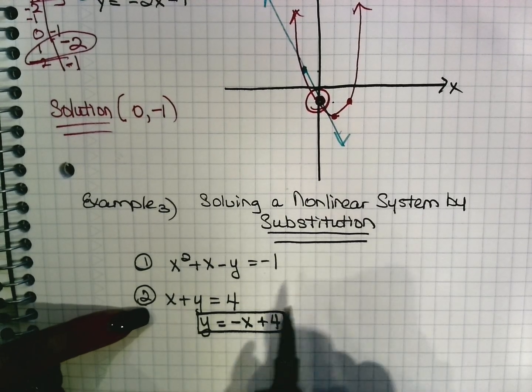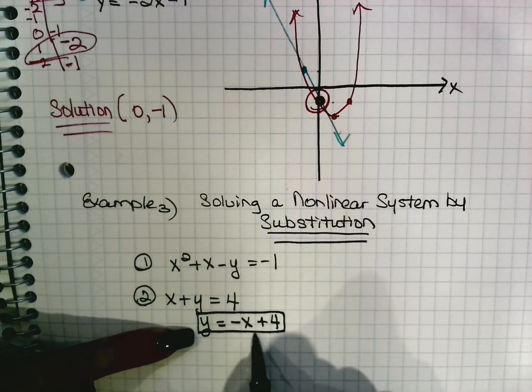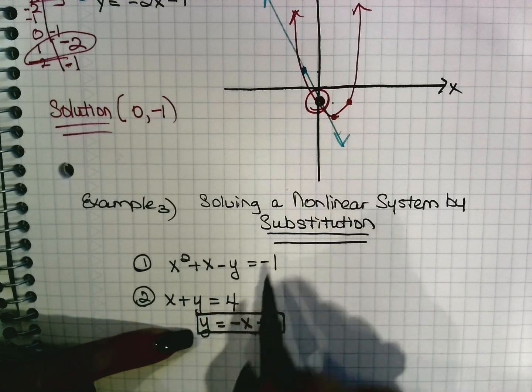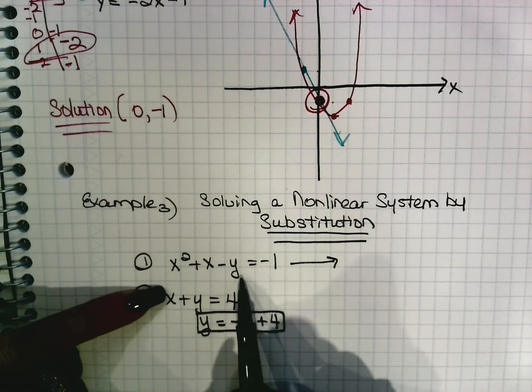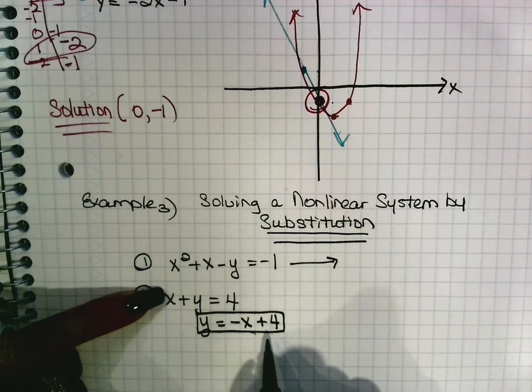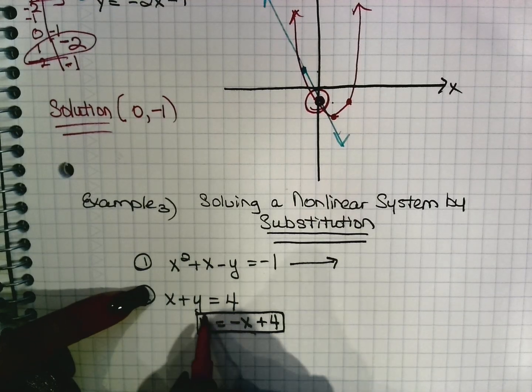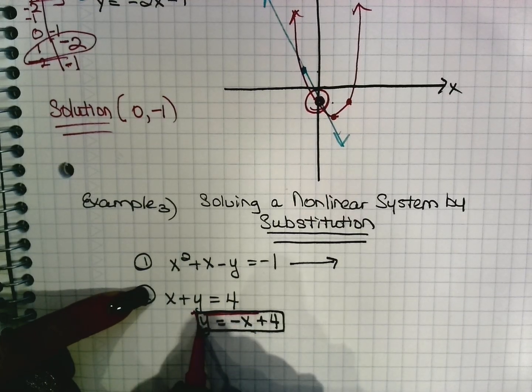Now using substitution, this is from the second one, you're going to take this and we're going to go up here, and wherever there is a y, you are going to put -x plus 4. In fact, let's make this like a different color.